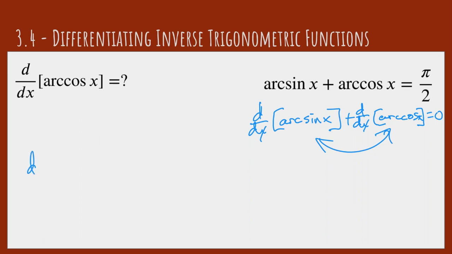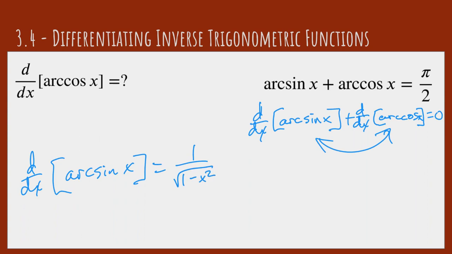So where the derivative of arc sine is 1 over the square root of 1 minus x squared, the derivative of arc cosine is going to be the opposite of that.